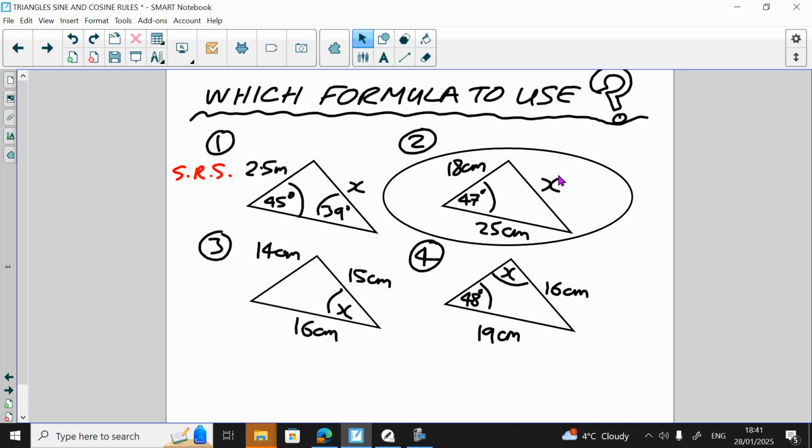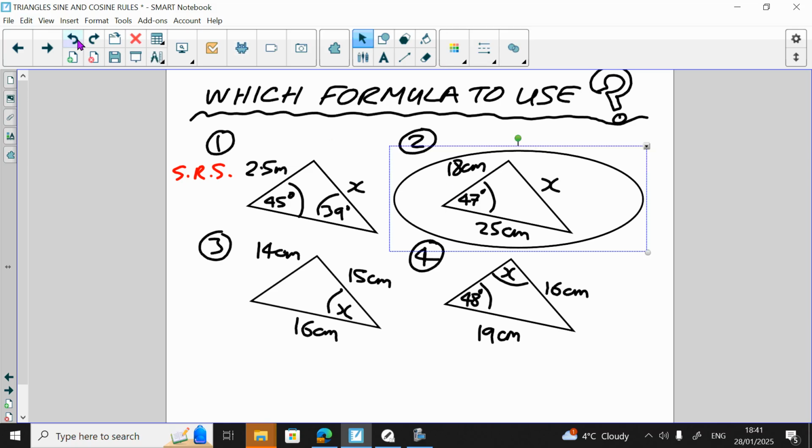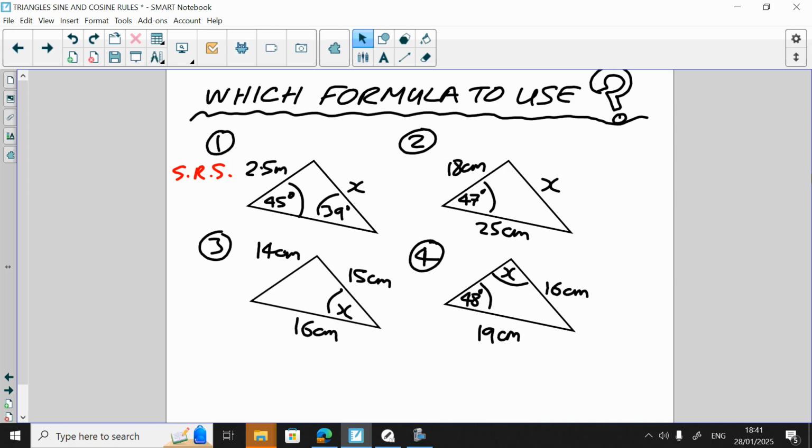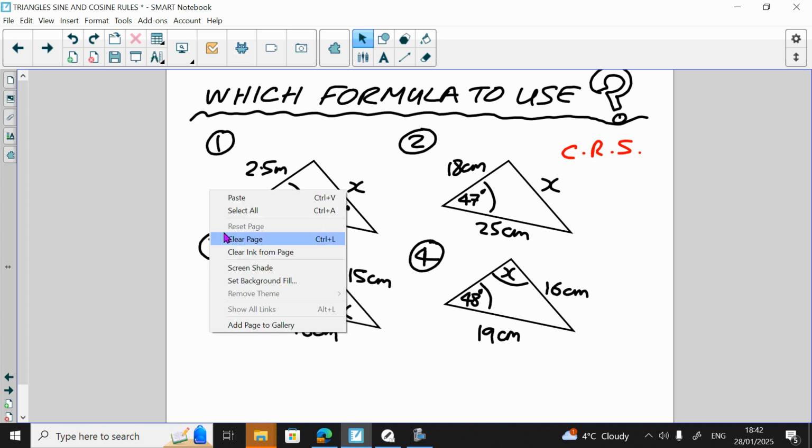Three sides are involved, and only one angle. What does that tell you, maybe? Three sides, one angle. Hopefully that tells you that's a cosine rule. Cosine rule for what? Well, cosine rule for side, because x marks the spot on a length. Okay, right. Let's move downstairs.